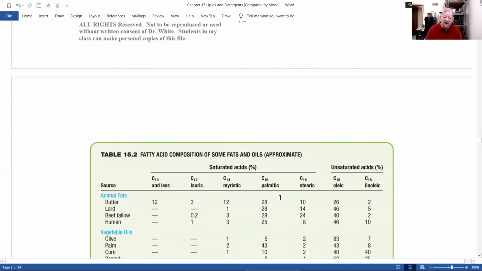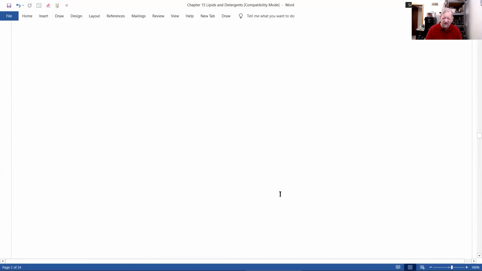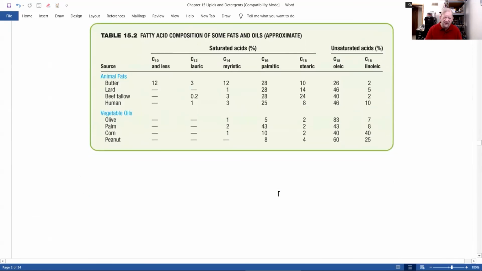Now, the switch was off on this slide, and it's off on the next slide. On this slide, I'd show you something interesting. If you look at animal fats, butter is about 28% unsaturated fatty acids, which is the R groups on the triglyceride, and the remainder are saturated.